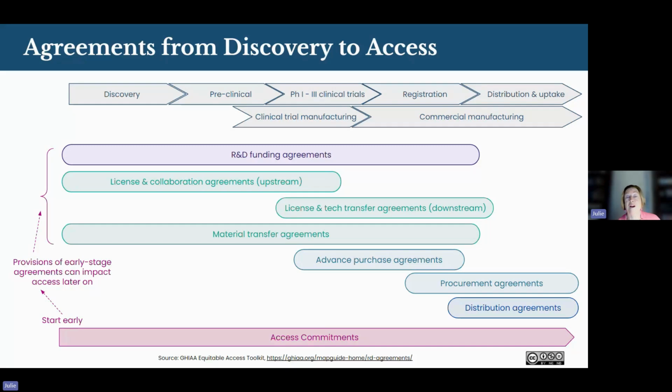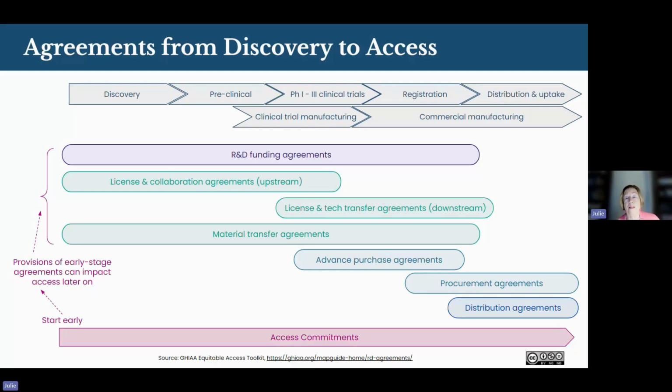And there's a lot we could talk about for material transfer agreements and that whole process, but we'll save that for another day. Advanced purchase agreements, probably nobody who wasn't closely involved in those things even knew what the term was until COVID. And a little bit the same with procurement agreements for those that are outside the procurement process.